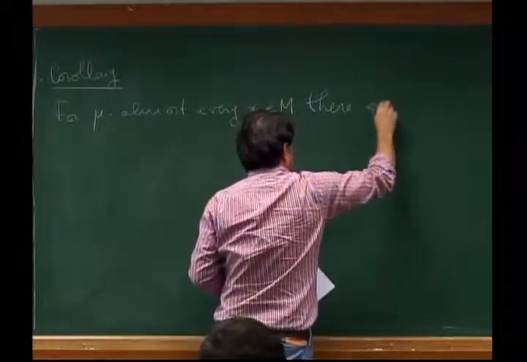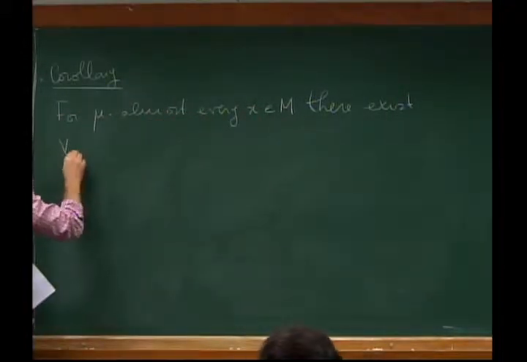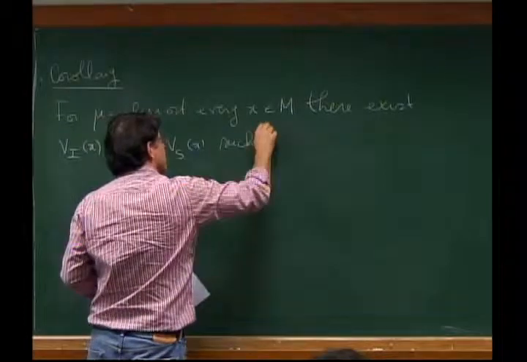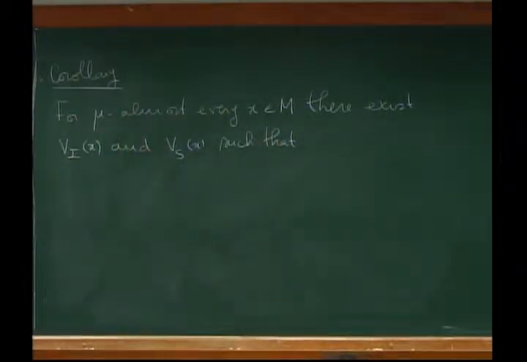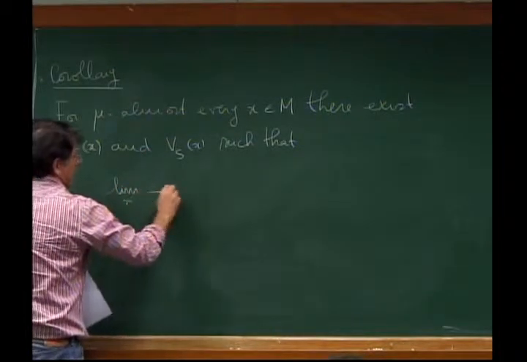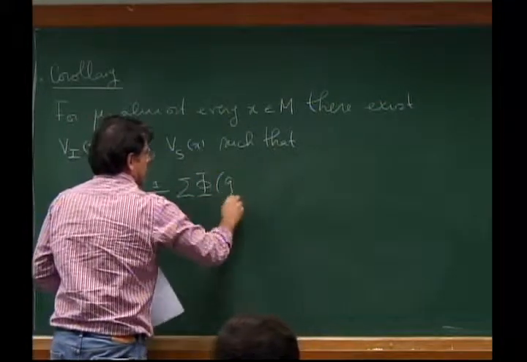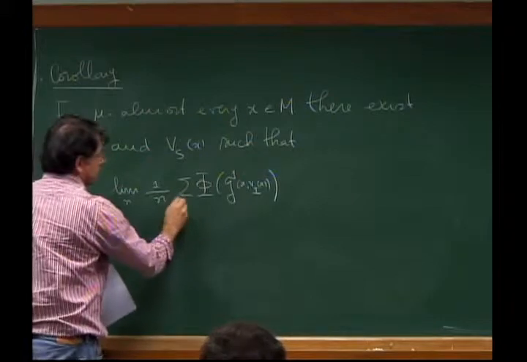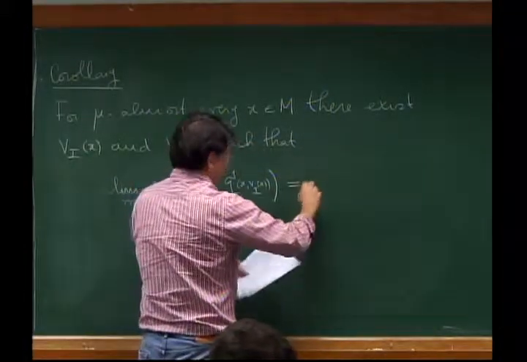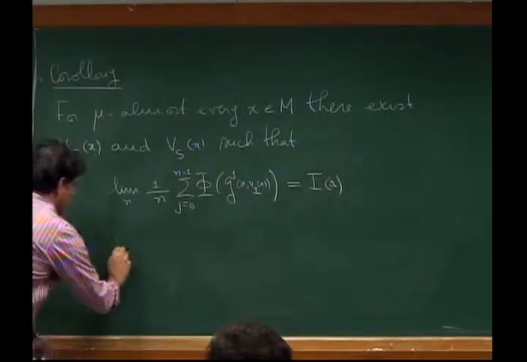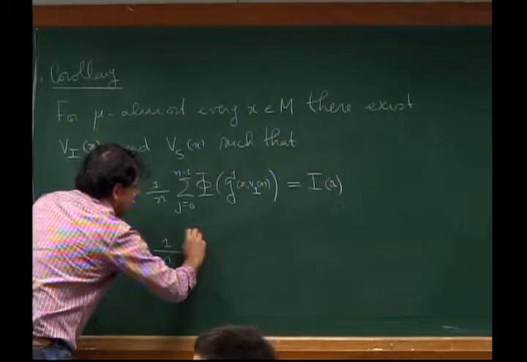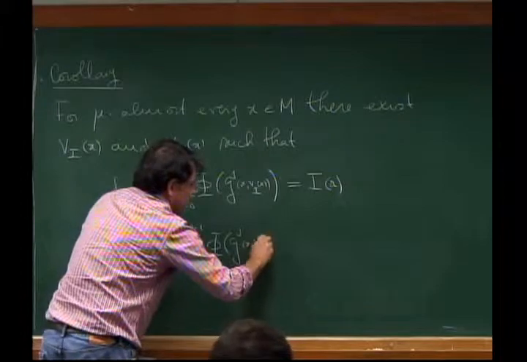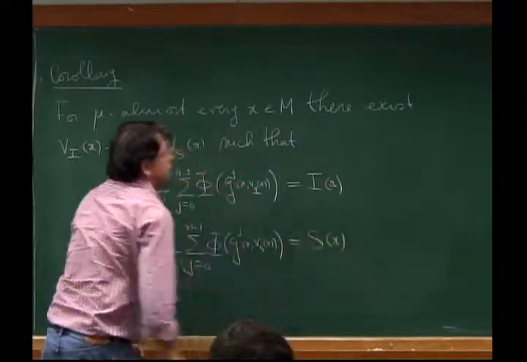There exist vi of x and vs of x such that the limit of 1 over n sum of phi of G^j x, vi of x is equal to I of x, and the same limit for the other vector is S of x.